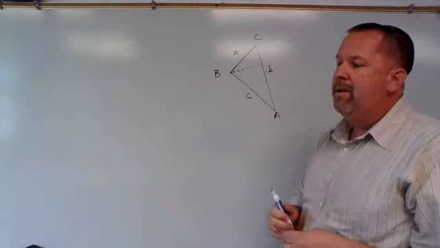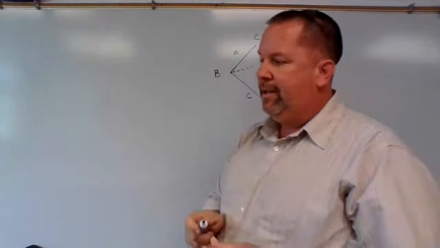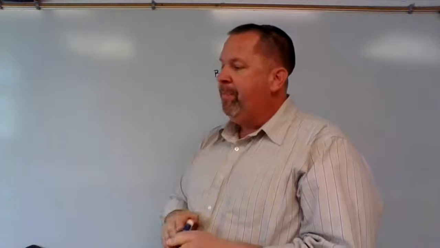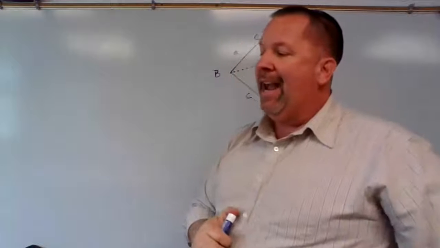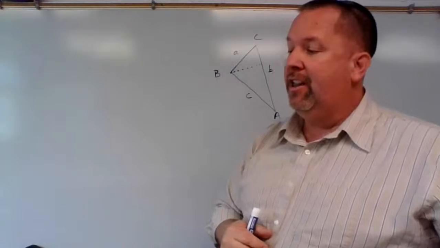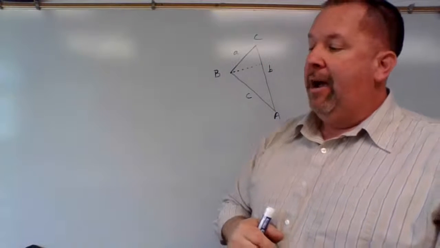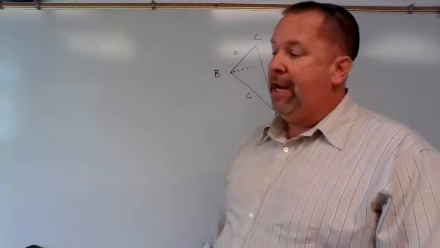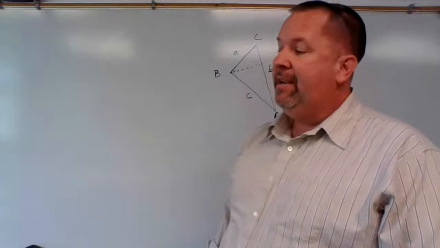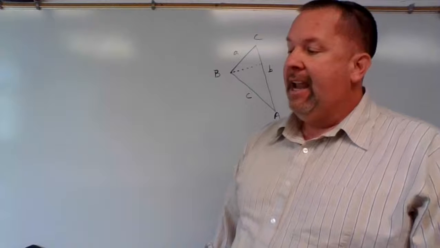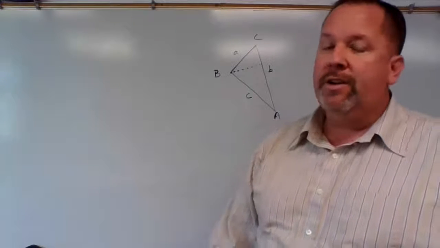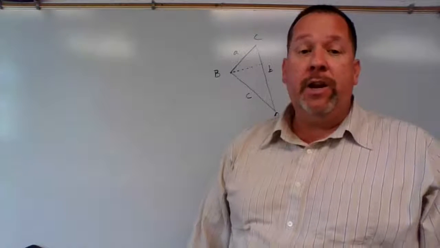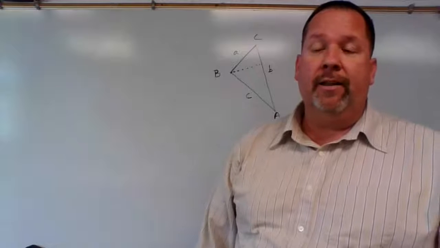So I wrote one formula in your notes. It says area equals 1/2 AB sine C, but you can add to that or write additionally 1/2 AC sine B or 1/2 BC sine A. Any of those will work, and we're just going to plug that information in, and we know the area of the triangle.